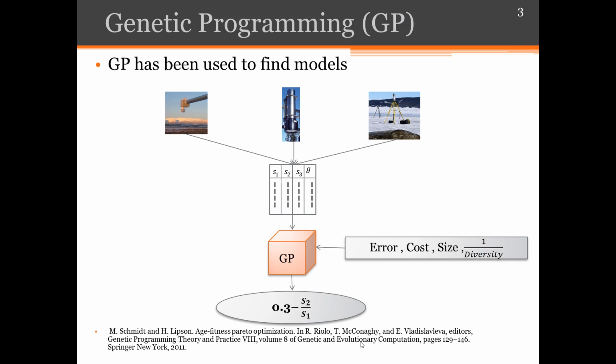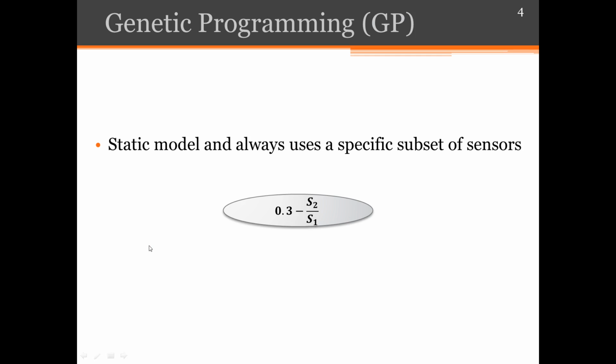As you can see, there are 4 objectives that have to be considered, and based on the curse of dimensionality, we know that it is not practical to have more than 3 objectives. So this is the first problem. And the second problem is that these models are static, so it's always going to use, for example, in this situation, sensor 1 and sensor 2.